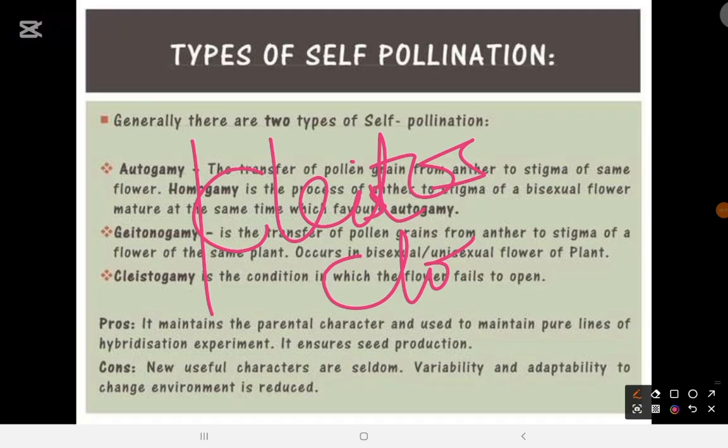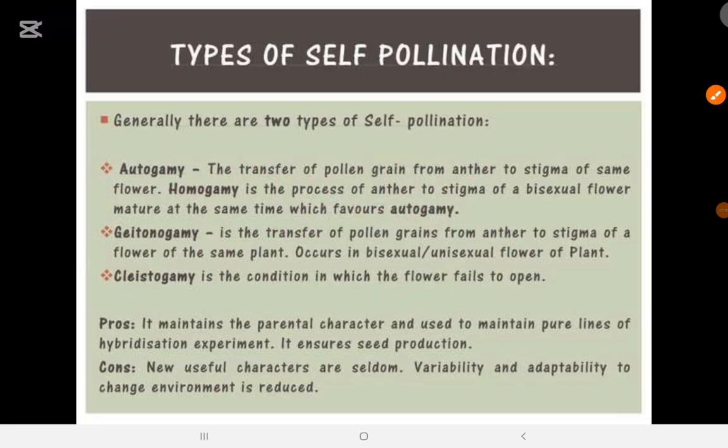Because the flower is not open, it is only able to self-pollinate. It's not opening up its floral parts, its reproductive structures, so that cross-pollination can occur. So because of this, only self-pollination can occur.